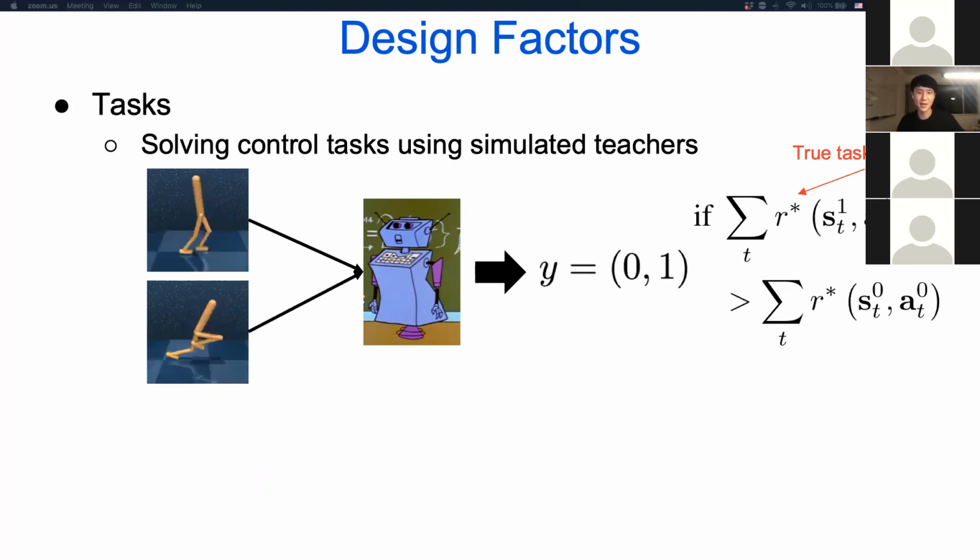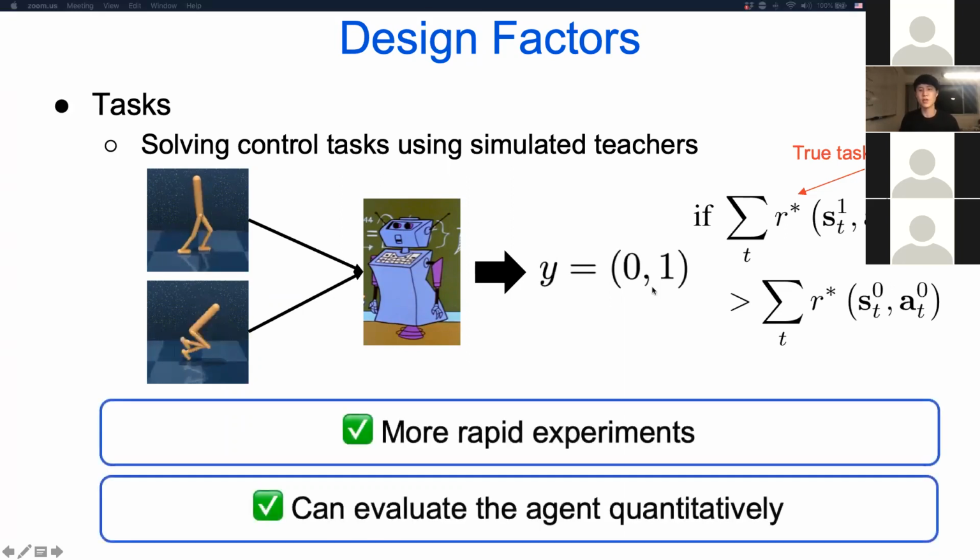As shown in this example, given two segments, the simulated teacher compares the true task returns and provides a preference to the segment with higher return. Then there are two main advantages from this simulated teacher. First, we can do experiments very quickly because this simulated teacher can generate preferences immediately. Also, we can evaluate the agent quantitatively by measuring the true task return because the preference is directly based on the true task reward.